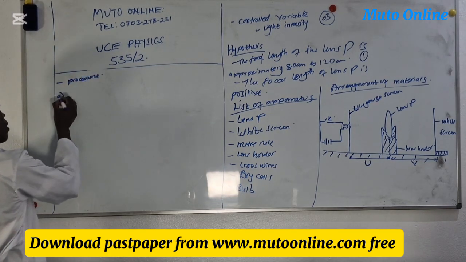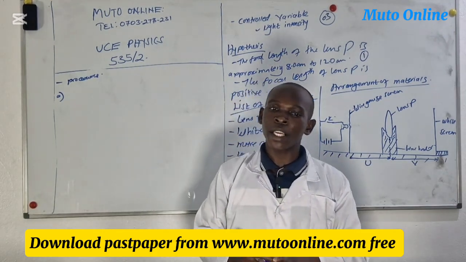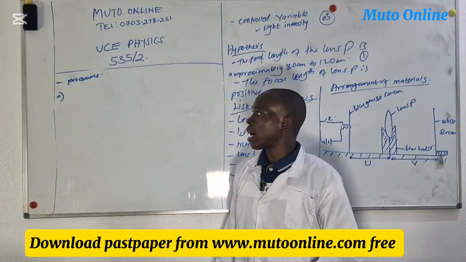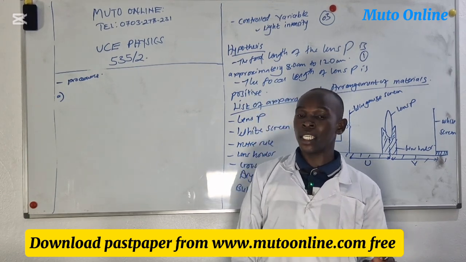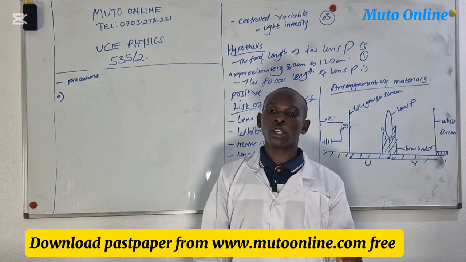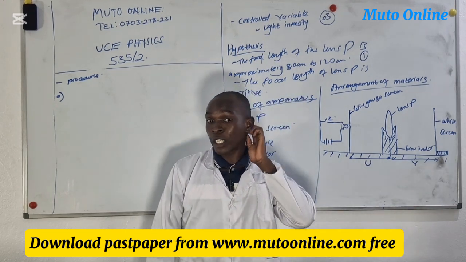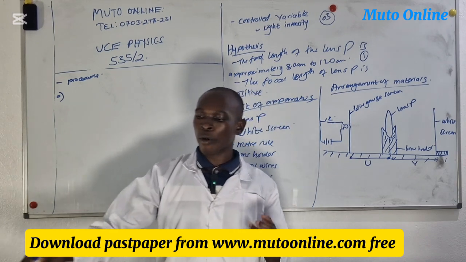However, these procedures, you must write them in a logical order, and we shall be labeling them A, B, C, D, E. Why do we have to label them like that? It's simply because we shall reach a moment where we shall need to say repeat procedure. Now, repeat what?